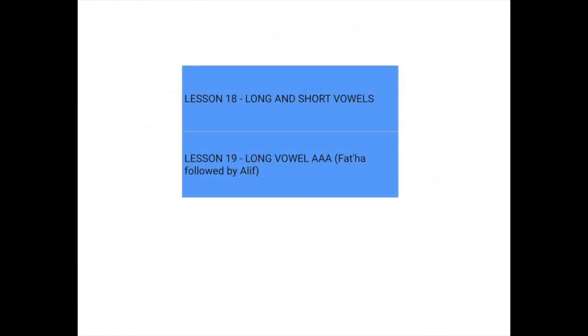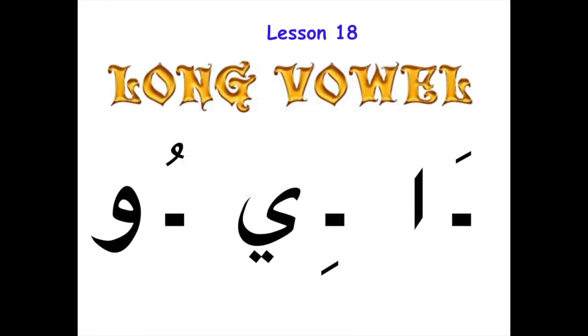And then we had lesson 18. We looked at the difference between the long and short vowels. So what makes a long vowel, what makes a short vowel. And then in lesson number 19, we broke those up individually. So here we have the long vowel. Before it was just the fatha by itself, but when we introduce an alif next to it, it changes from a short a to a long a.